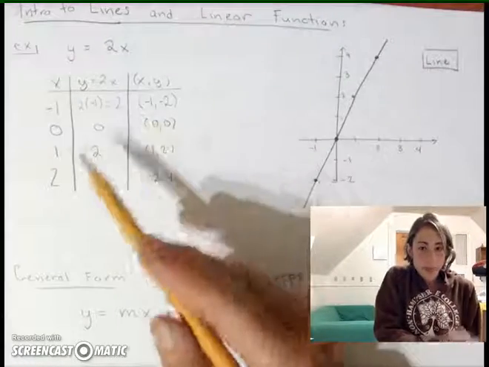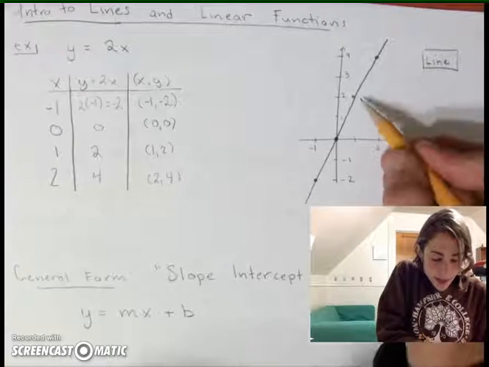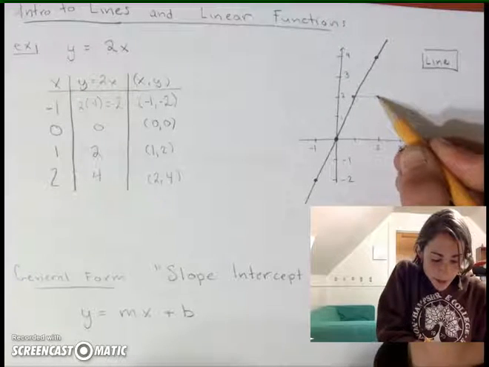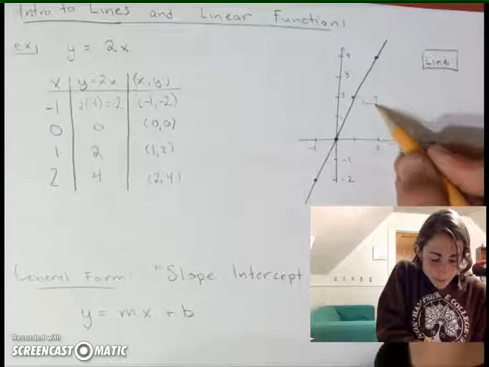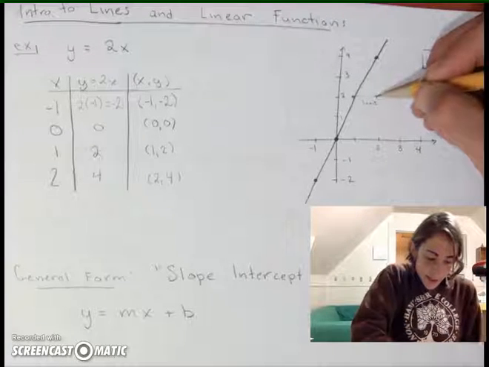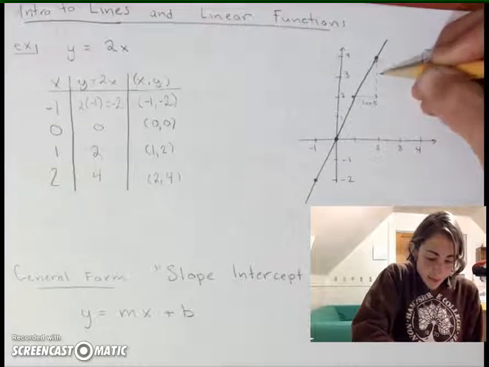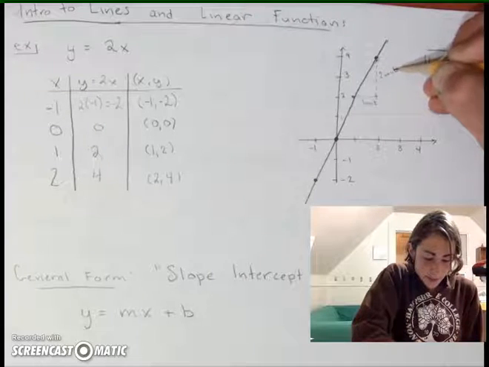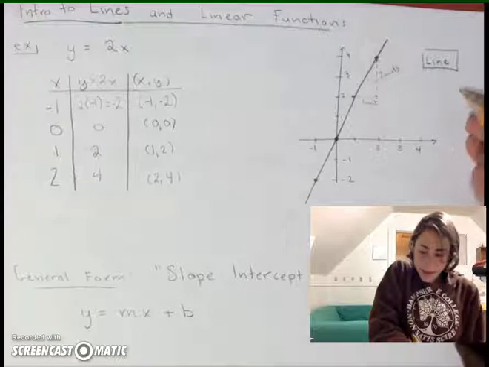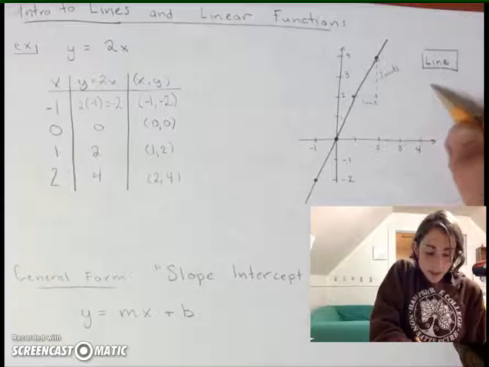And by what we just observed, you can also see on this line that for every time I go to the right by 1 unit, to get to another point on the line, I have to go up by 2 units. This idea is called slope.